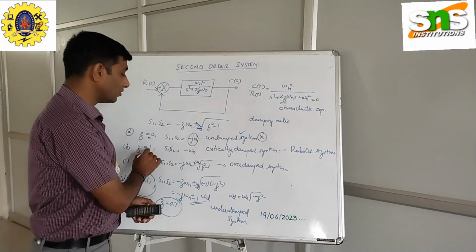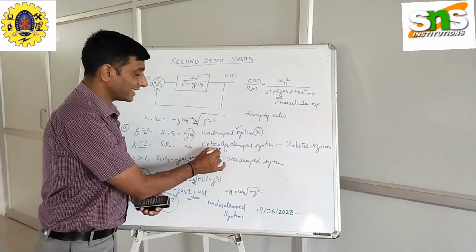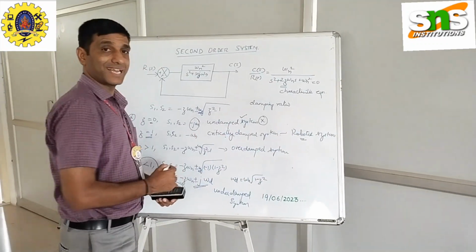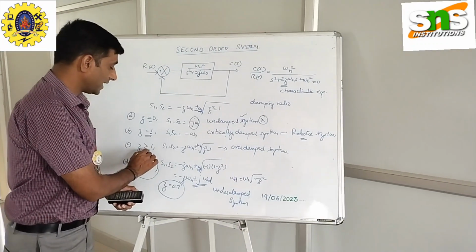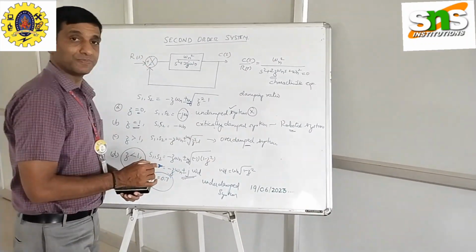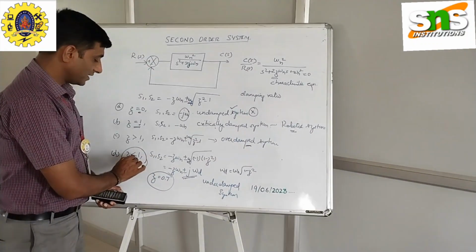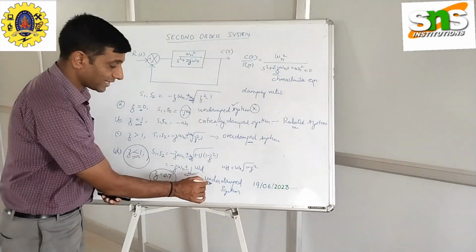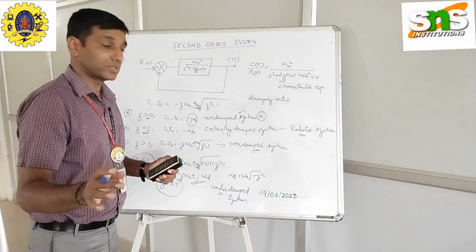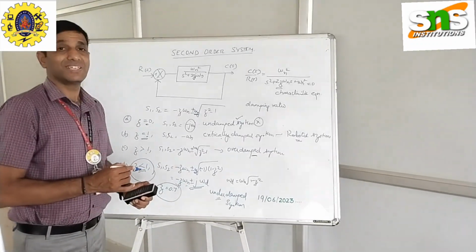When zeta is equal to 1, you call it the critically damped system, and most of the robotic systems fall under this category. When zeta is greater than 1, you call this system the overdamped system. And finally, when zeta is lesser than 1, you call that the underdamped system, and our more practical control systems fall under this category.